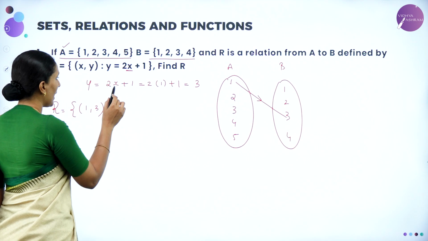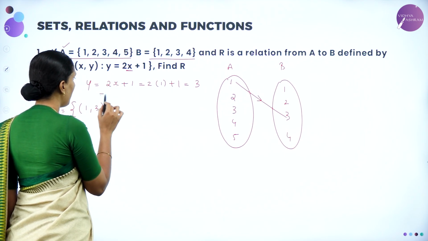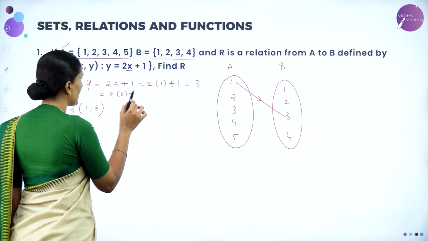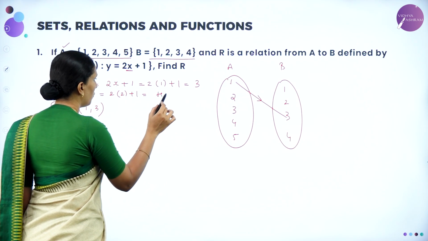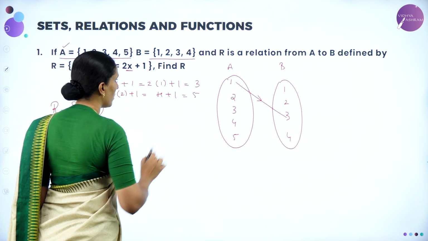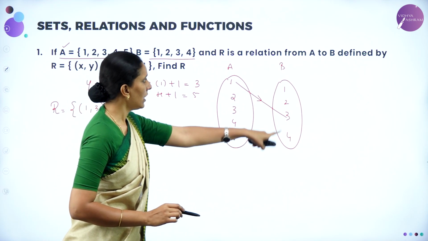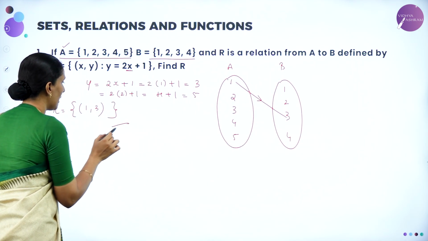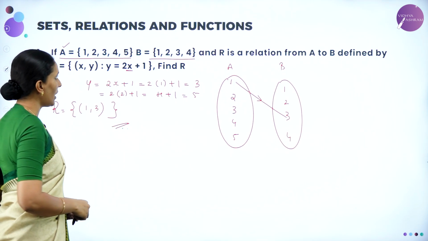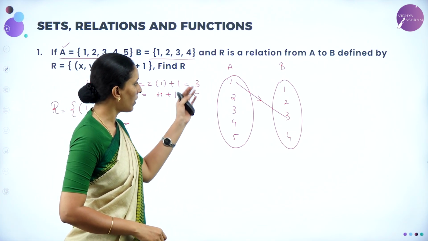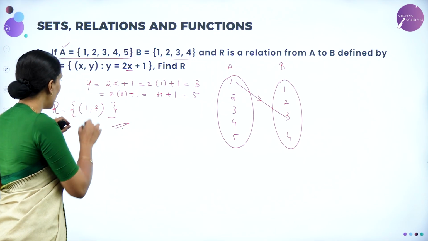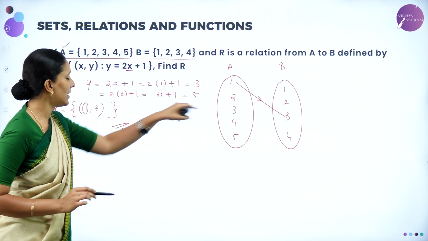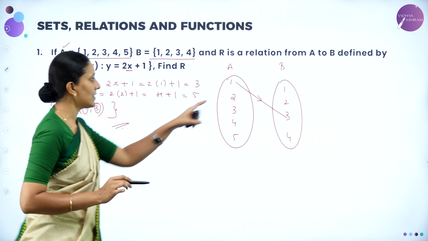Next we will take x is equal to 2. So we have 2 into 2 plus 1 which is equal to 4 plus 1 which is 5. So we don't have 5 in B. So the only pair which is possible here is (1, 3). So that means we can find a relation from A to B where my first element should be in the first set and second element should be in the second set.